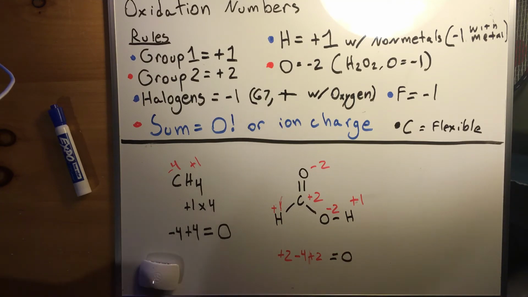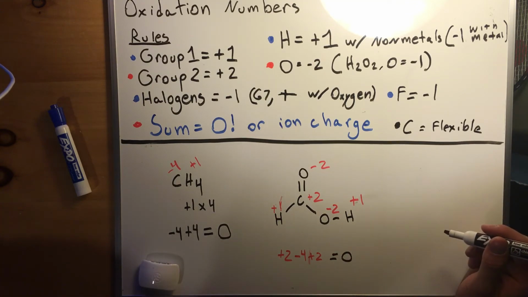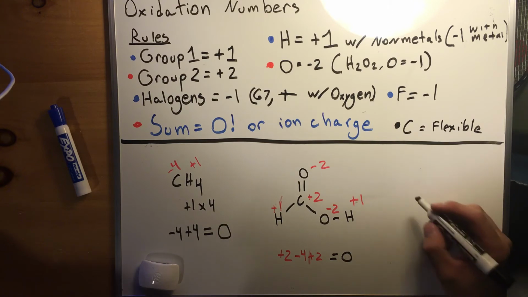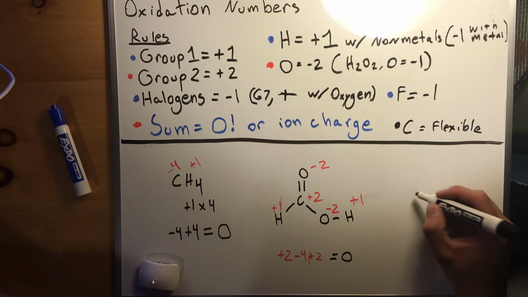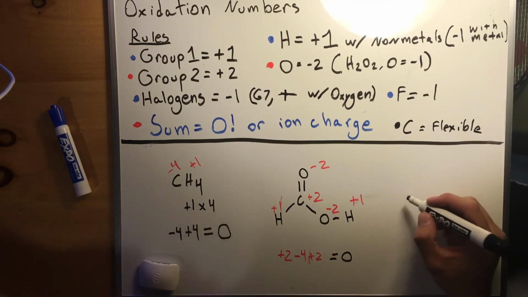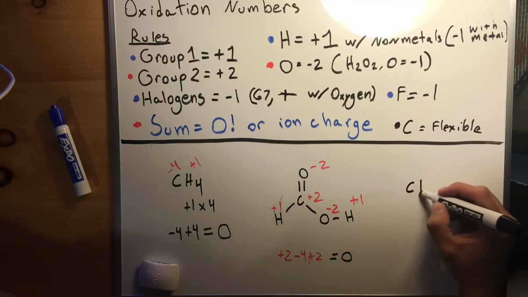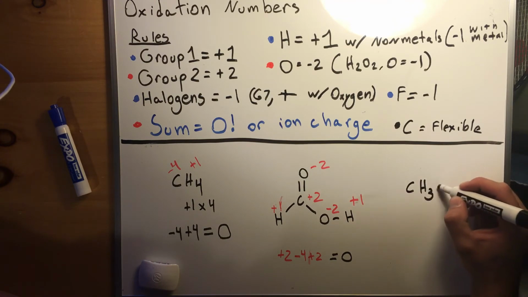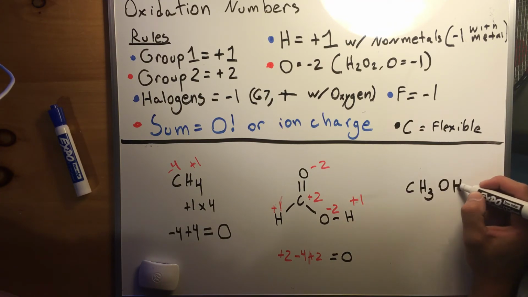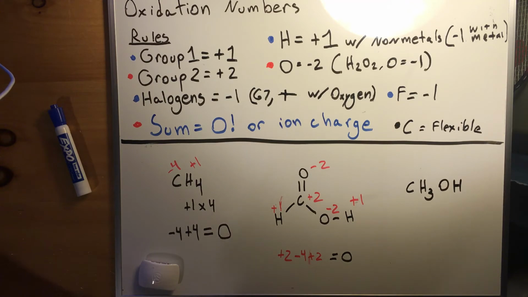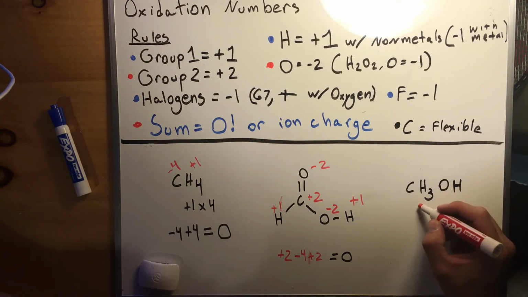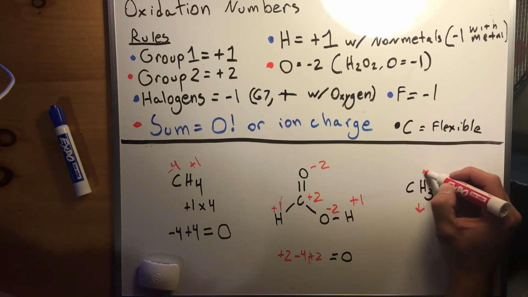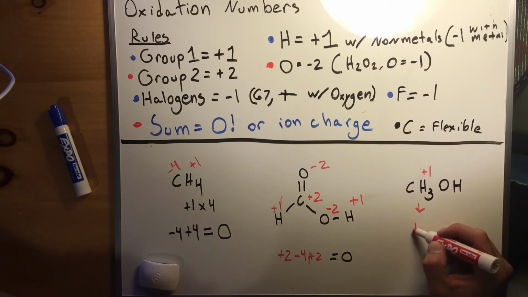Let's do another one. Let's go with CH3OH. So what kind of rules do we got? Well, we know that hydrogen is a +1, so we've got +3.